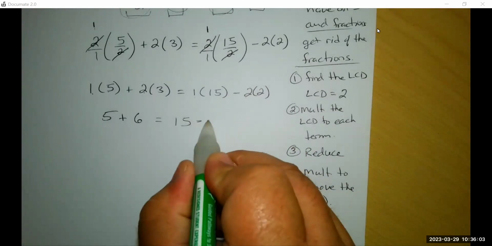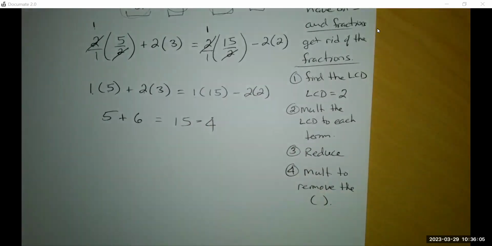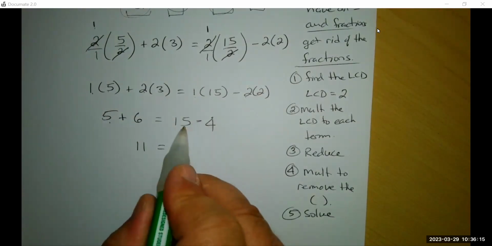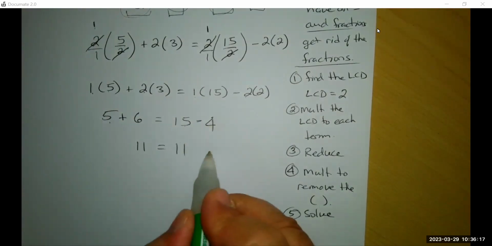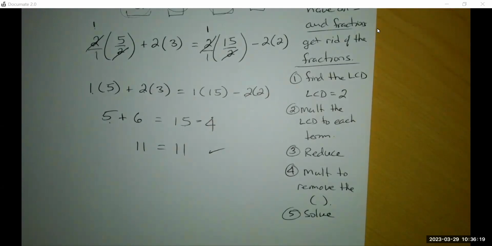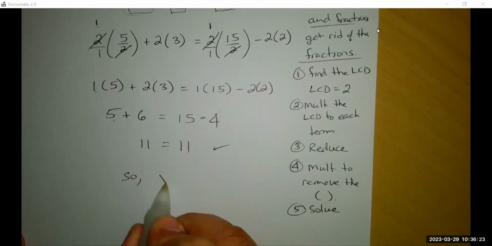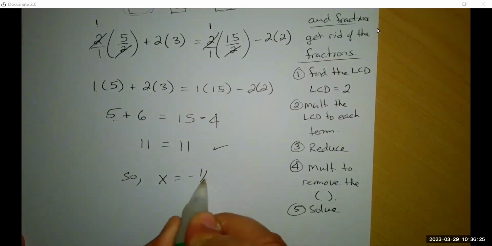Minus 2 times 2 is 4. Then solve. 5 plus 6 is 11. 15 minus 4 is 11. There, it works. So x equals -1/2 is our solution.